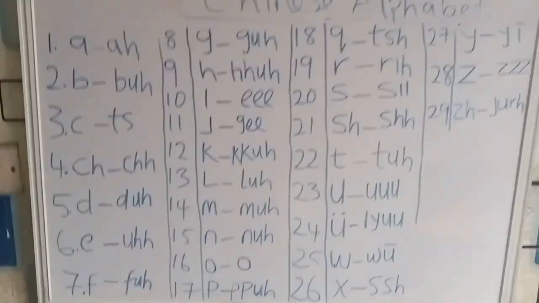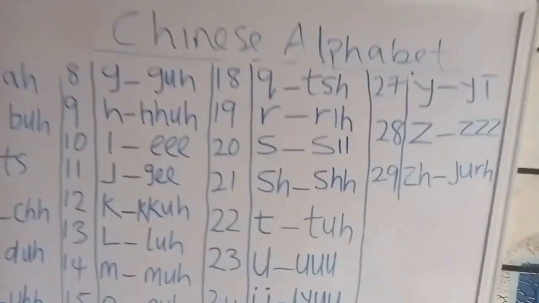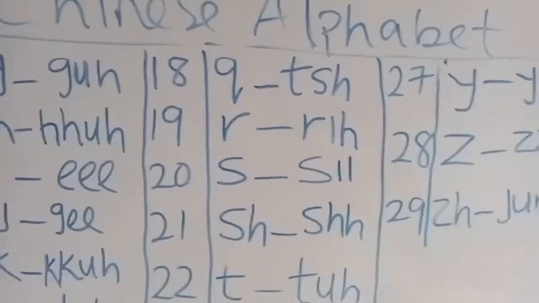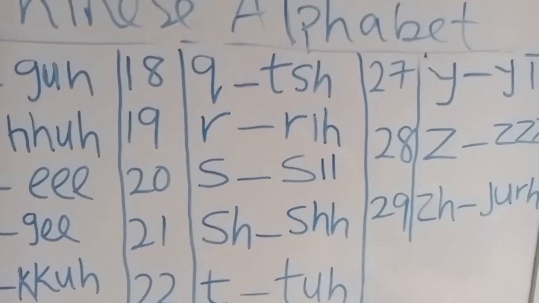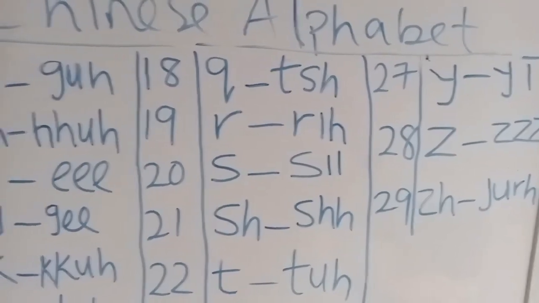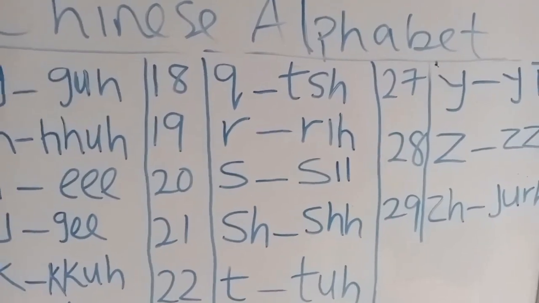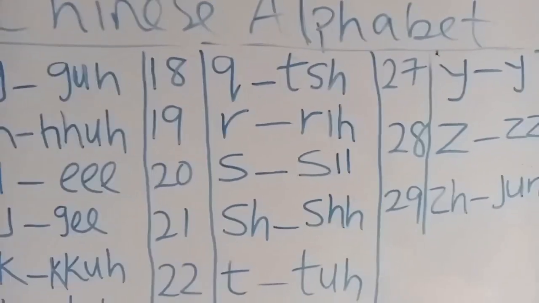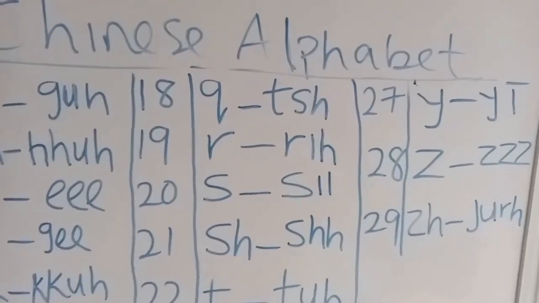Then see this letter. We are going to talk about it. When I asked you people to say those trisyllabic words, one of them is Xing Qi Yi. This Q was there, and many of you were calling it like Q in English alphabet.